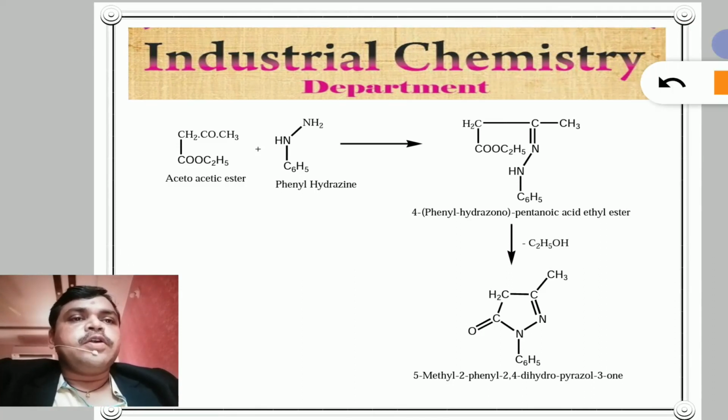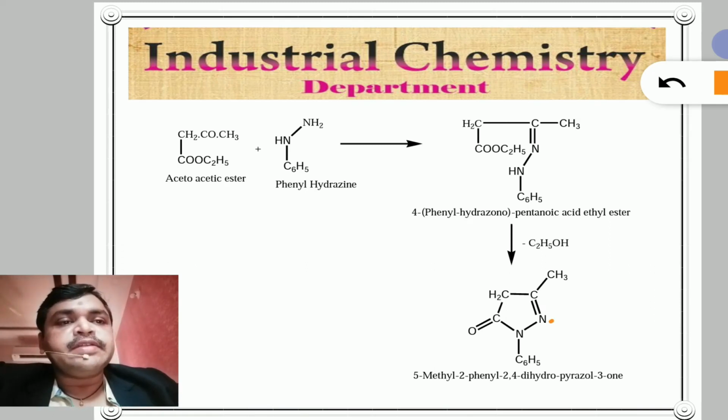This 4-phenyl hydrazonopentanoic acid ethyl ester is cyclized by removal of ethanol and gives 5-methyl 2-phenyl 2,4-dihydropyrazol-3-one. Numbering starts from here: 1, 2, 3, 4 and 5.